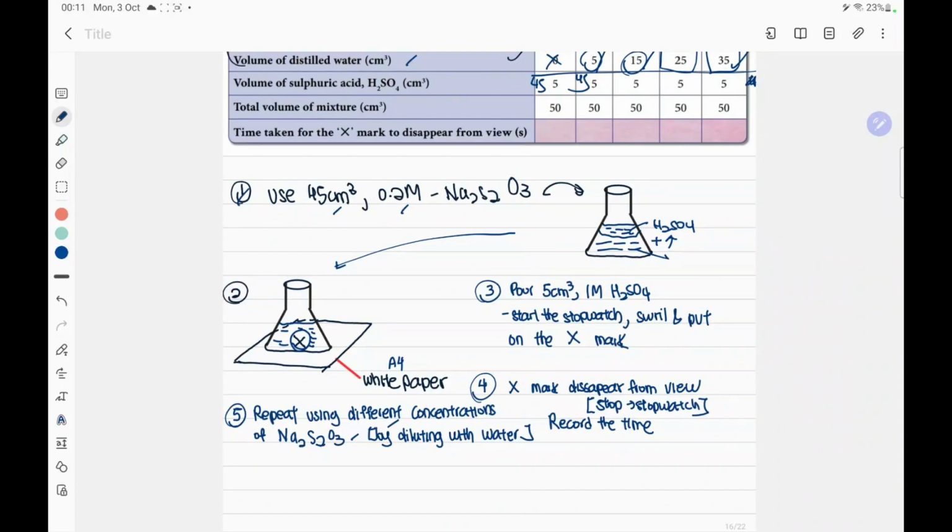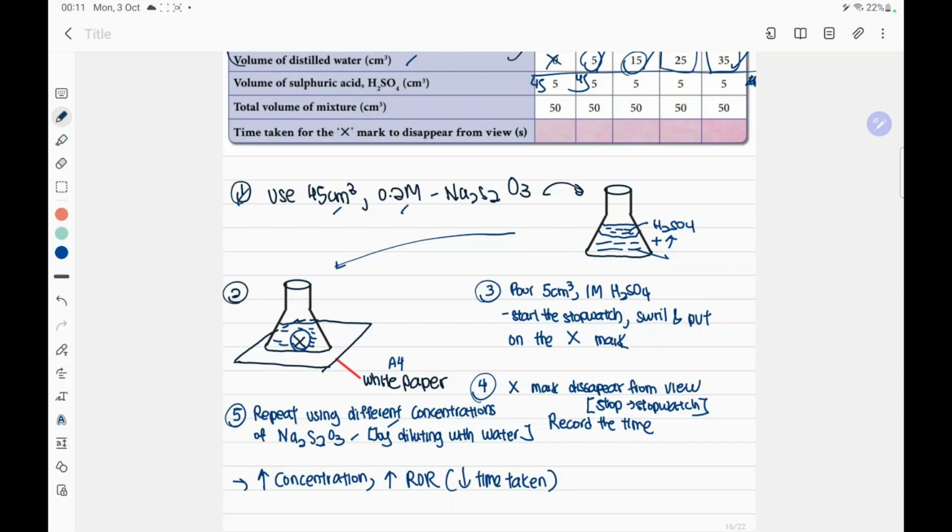So from this experiment, we can conclude that the higher the concentration, the faster or the higher the rate of reaction, which means the less time taken for the X mark to disappear from view.